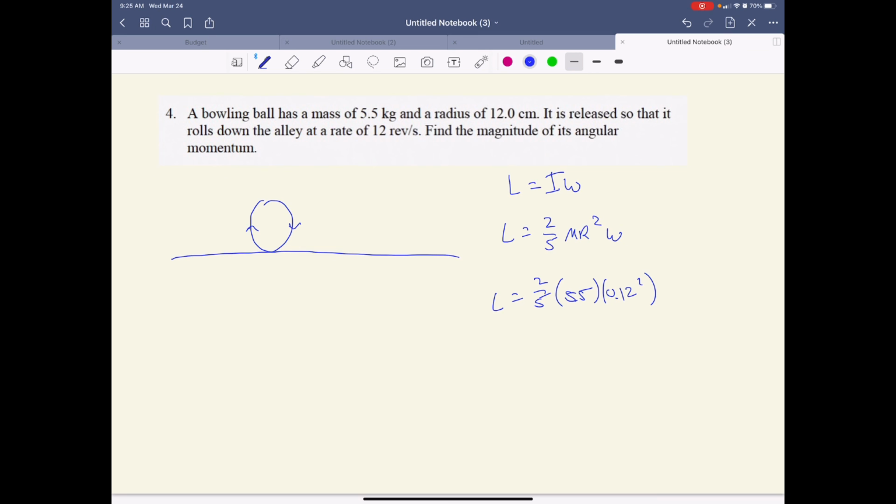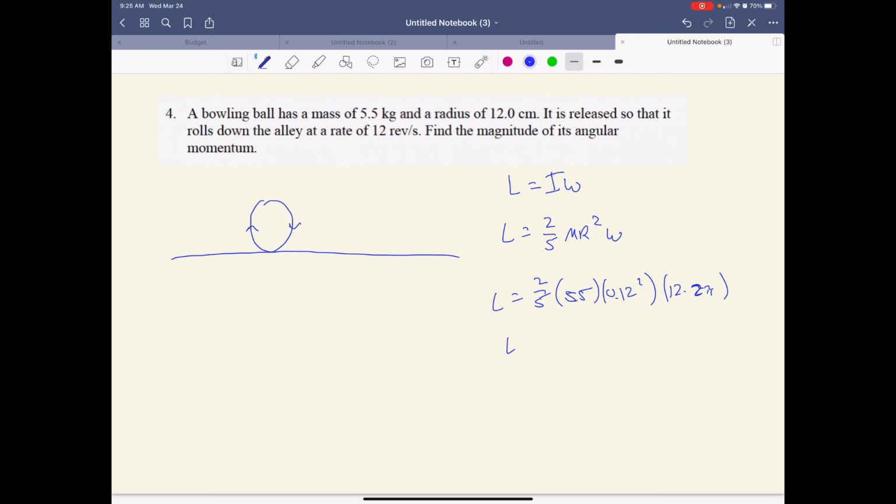Now omega is 12 revolutions per second, so that's going to be 12 times 2 pi in terms of radians per second. And what you will get, again, it doesn't look that complicated on the surface, but the answer key is going to be slightly off, as you'll see. So times 0.1 squared times 5.5 times 0.4.